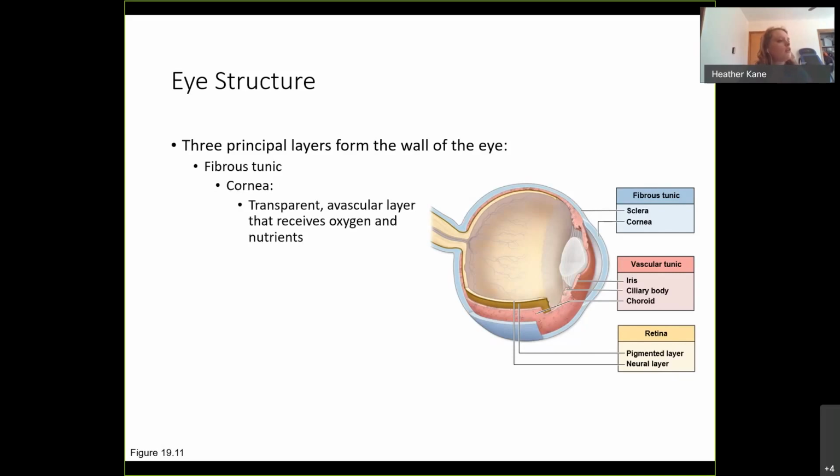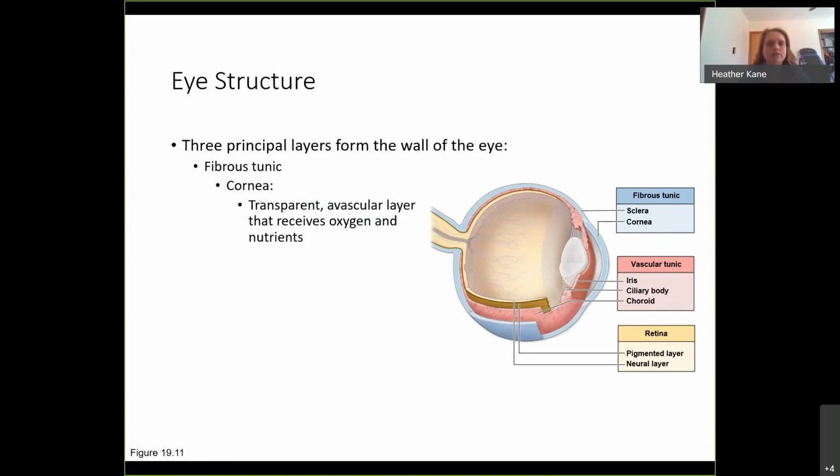So we have the cornea. The cornea is going to be this top layer that is going to be above, anterior to that iris, that pupil, that area. So your cornea is transparent and it is avascular. Because it's avascular, that means that it does not have any blood vessels.